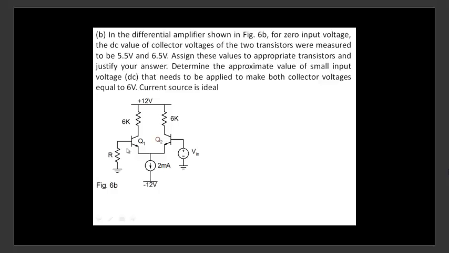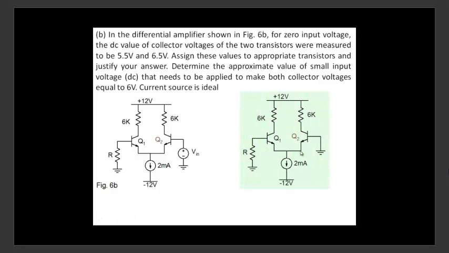So we have to look at the implications of R. This is what we are looking at without V in. If I look at this particular circuit here, Q1 and Q2 are biased. The currents are going to flow through Q1 and Q2.